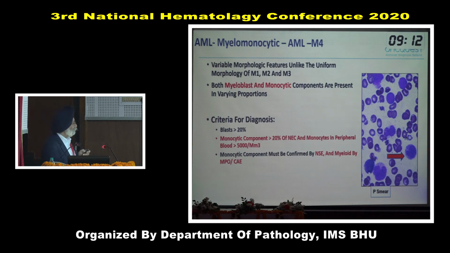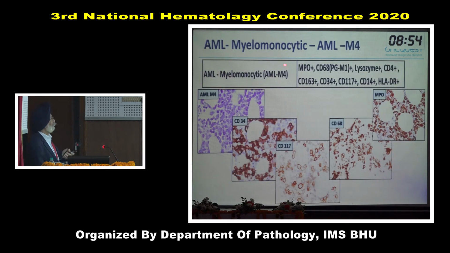M4 is the one where we talk of monocytic differentiation. The monocytic component should be more than 20%, and there should be monocytes in the peripheral blood more than 5,000. So we can confirm by NSC, and then of course we can do various markers.